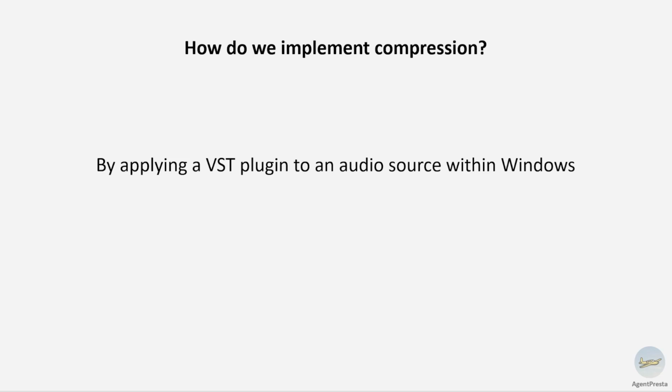For people who are familiar with OBS, you can also load up VST plugins and have them alter the sound of a microphone or a device that's playing sound. But what we're looking to do is apply it to a Windows audio source. So it's a little bit different scenario than is typical, but there is excellent software out there that allows us to do this, and we'll be using that in a little bit.